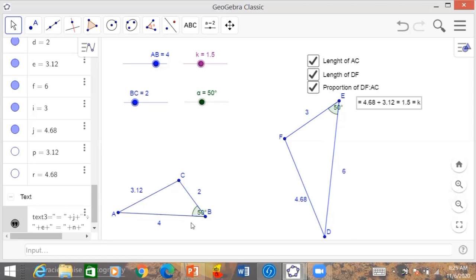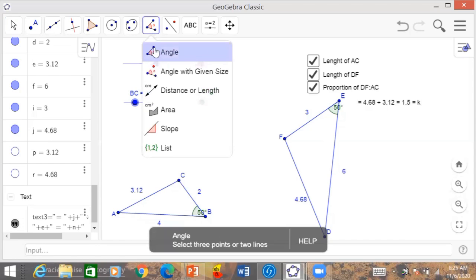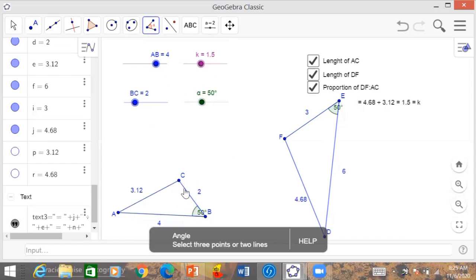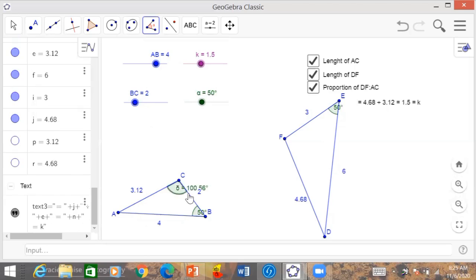So if we construct two triangles with one angle equal and their including sides of the angle are in the same ratio, then the remaining corresponding angles are equal, so the triangles are similar. Now angle C is equal to angle F here.